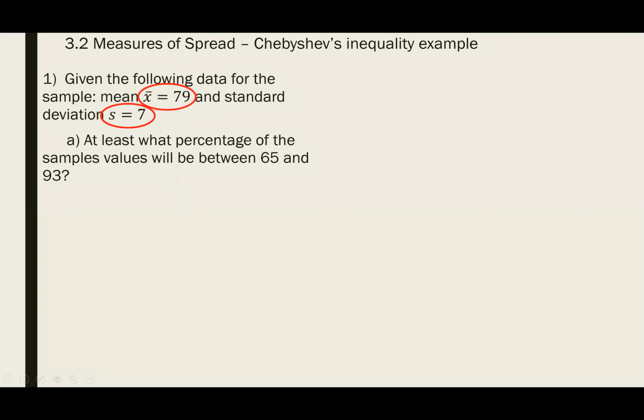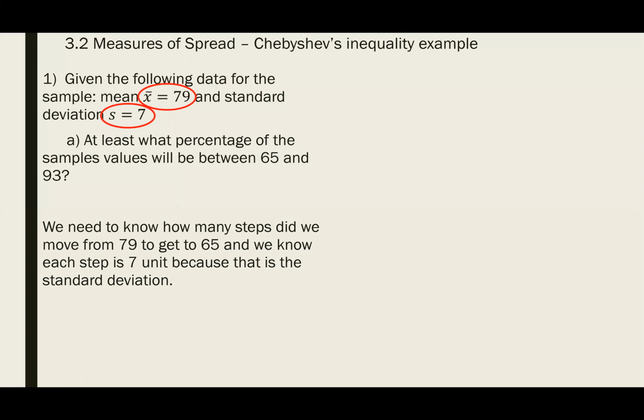Let's go with the same scenario that we had earlier. We know that the mean is 79, which is in the middle. Every time I take one step, I need to subtract. If I go to the left, I need to subtract 7.